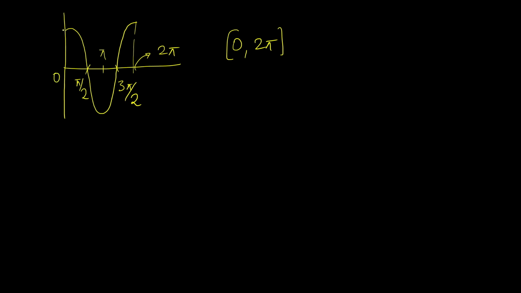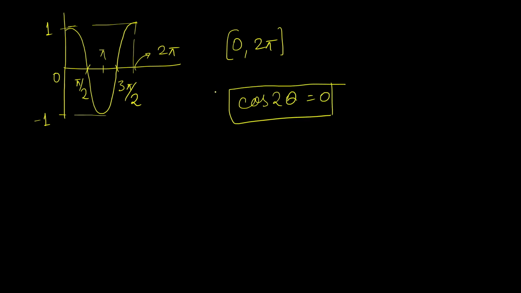At 0, the value is 1, that is the maximum value of 1, and the minimum value is minus 1. And we are interested in cos 2 theta equal to 0. Here we see that at pi by 2 and 3 pi by 2, within the interval of 0 to 2 pi, cos theta is equal to 0. So these are actually the angles.